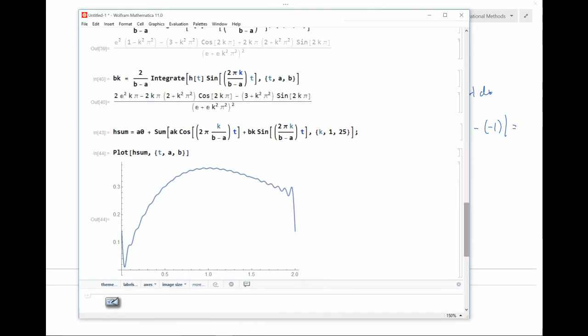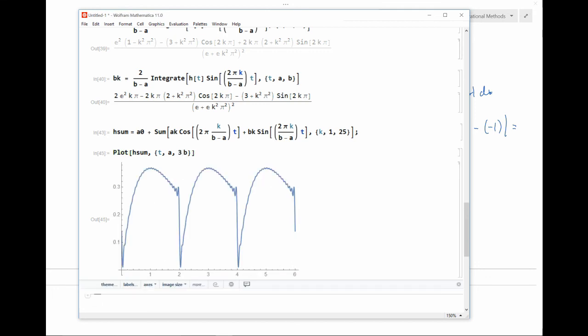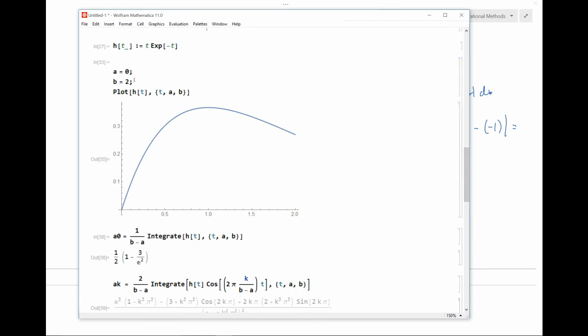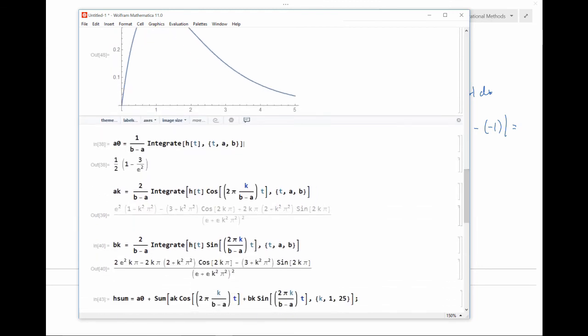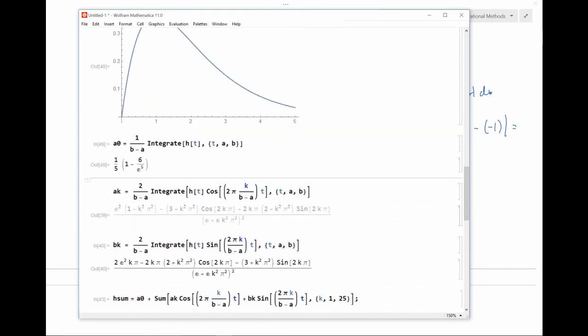And so the Fourier series tries to connect the end of the function to the beginning of the next repetition. Suppose I change b to something like 5. Well, the function looks a little bit different. We'll need to recompute all of the coefficients.